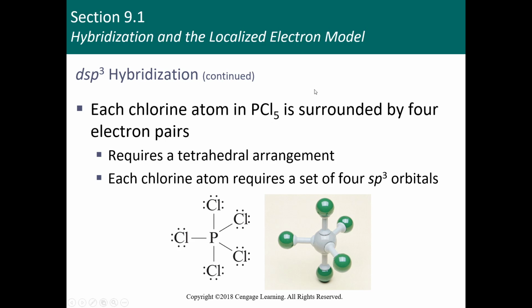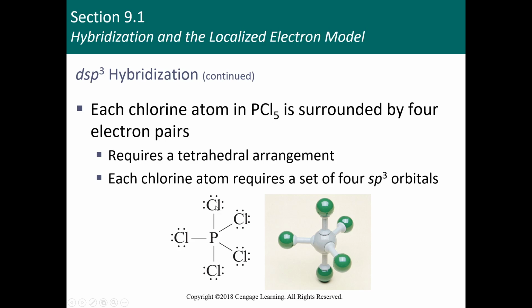We have 5 chlorines around a phosphorus. And so this is surrounded by our 5 domains. See that? 1, 2, 3, 4, 5. 5 separate domains requiring 5 different orbitals. And so our phosphorus has a dsp3 hybridization.